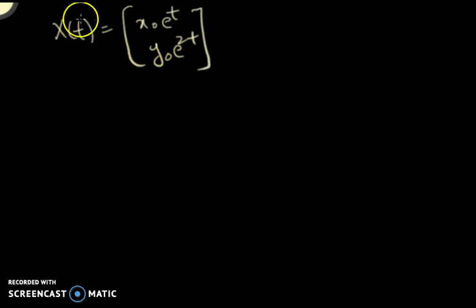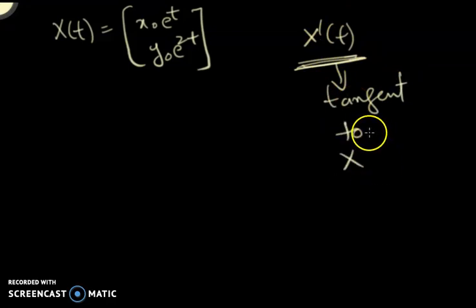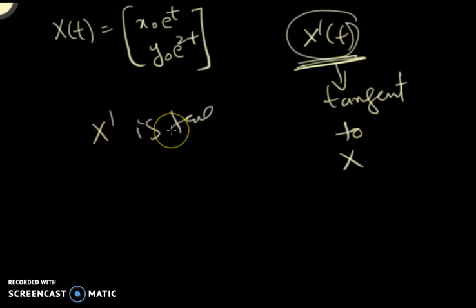But if I calculate its time derivative, x prime of t, then we know from our basic calculus, our vector calculus, that this x prime is going to be, at every t, this vector field is going to be tangent to x. So this x prime is tangent to x.